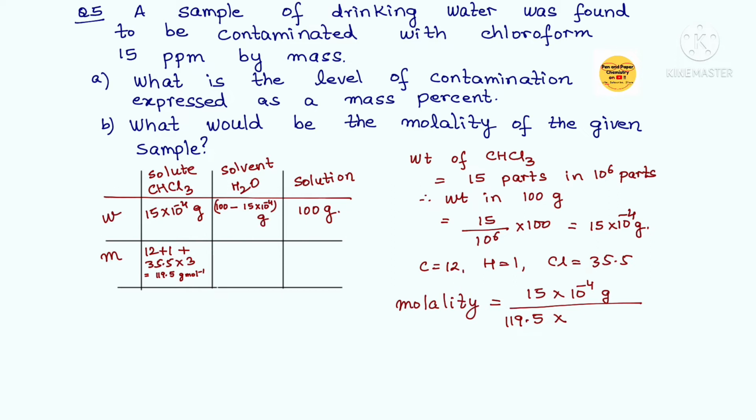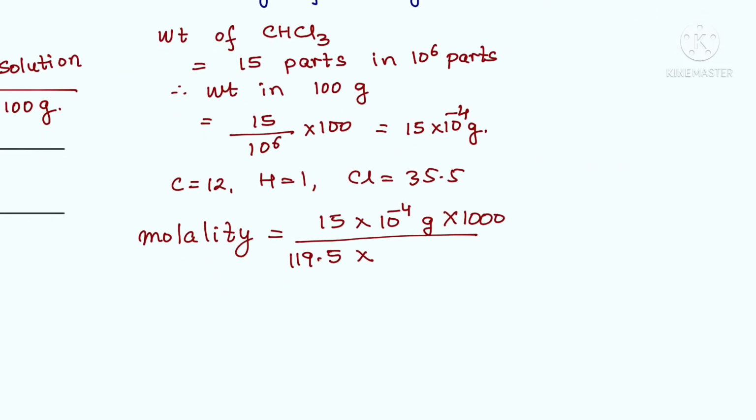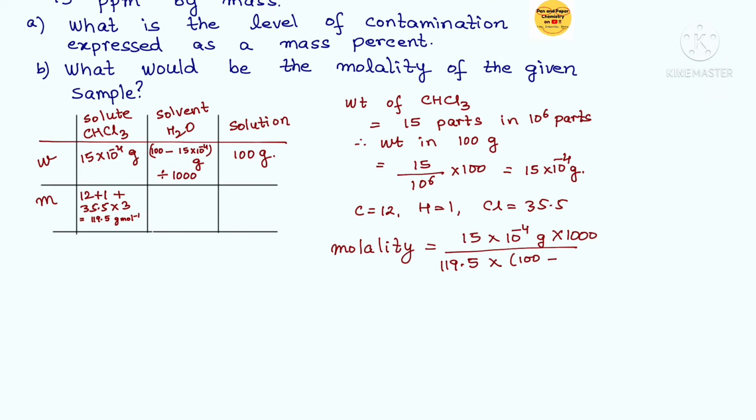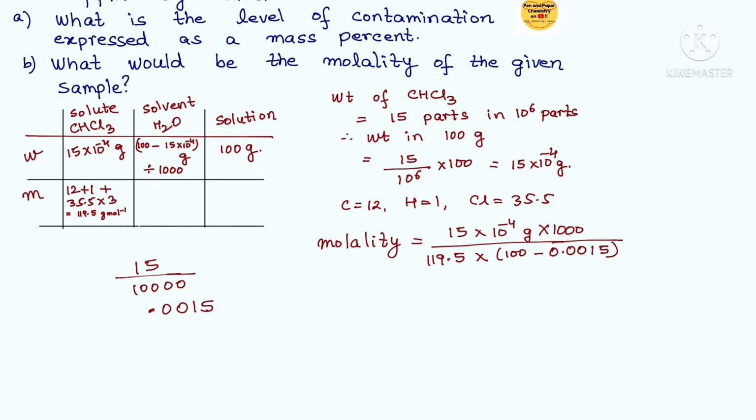So I have to divide the whole thing by 1000, in which case the 1000 goes into the numerator, and I will have to do 100 minus 15 into 10 to the power minus 4. This is what it means. So I can write it as 0.0015, right? So see, even without the calculator, we are no less, we can still solve this question.